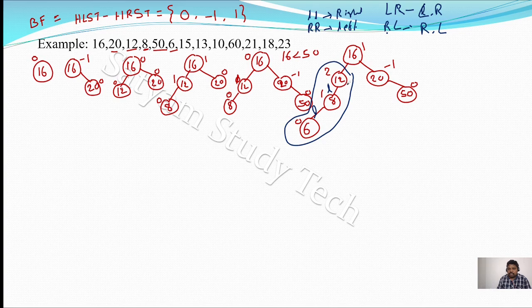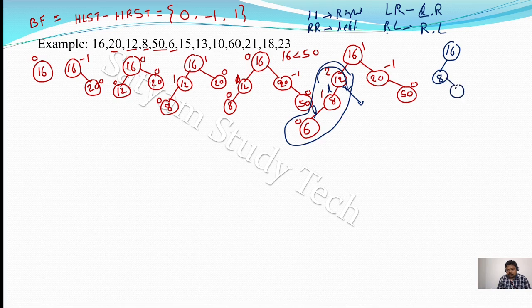Right rotation means just take the thread here and pull down in the right direction. You can perform it here, you can see it is 16, and whenever you pull down in the right direction, 8 becomes the parent of 12.